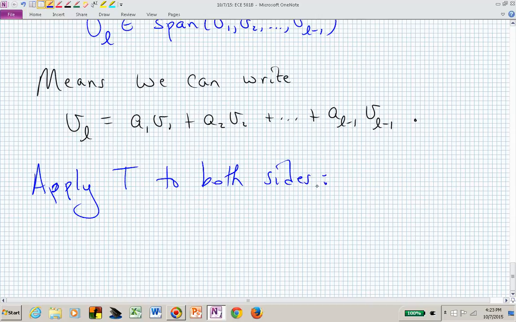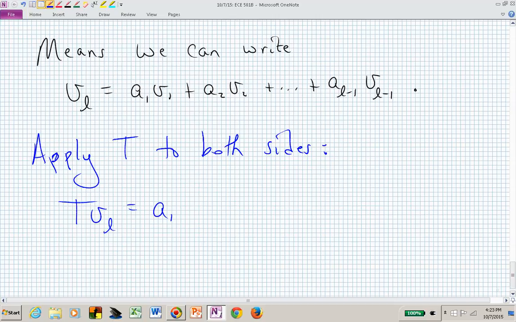to both sides of that equation so that I now have T v sub L is equal to, and I'm going to slide those scalars to the left of the map. I have a1 T v1 plus a sub 2 T v sub 2 plus a sub L minus 1 T v sub L minus 1.